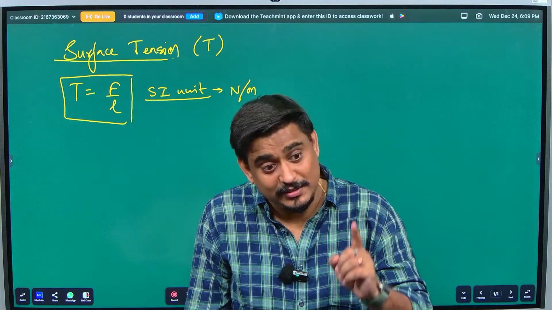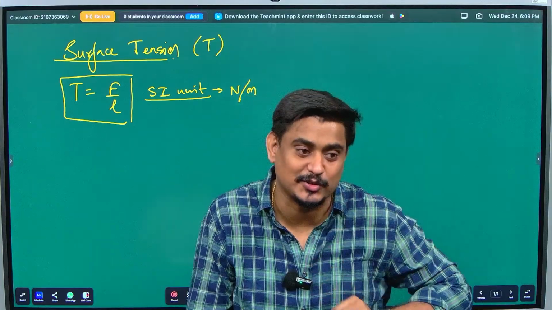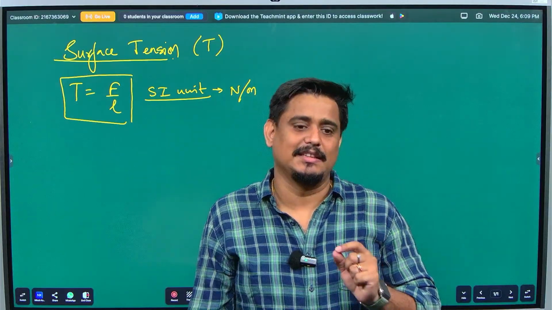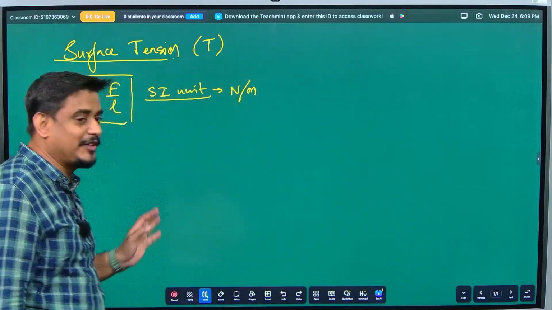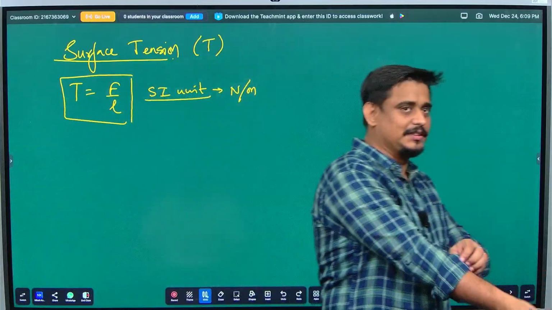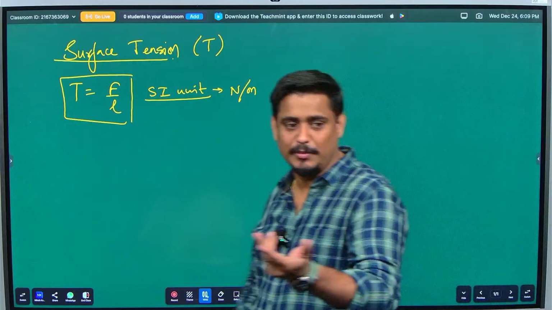You learnt in work, energy and power also, elastic potential energy stored, U is equal to half kx square. There also I told K is Newton per meter. So the SI unit of surface tension resembles that of spring constant. Anyhow, this question has come a couple of times in competitive examinations, that Newton per meter thing.